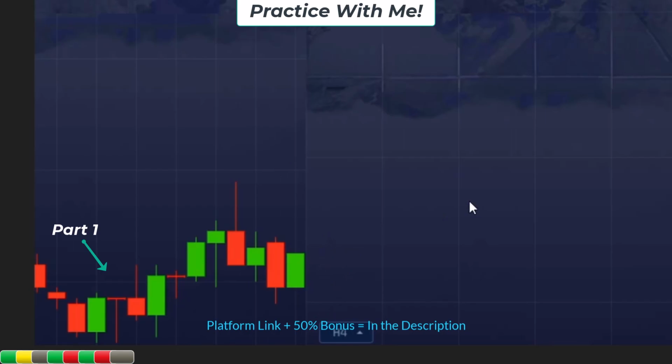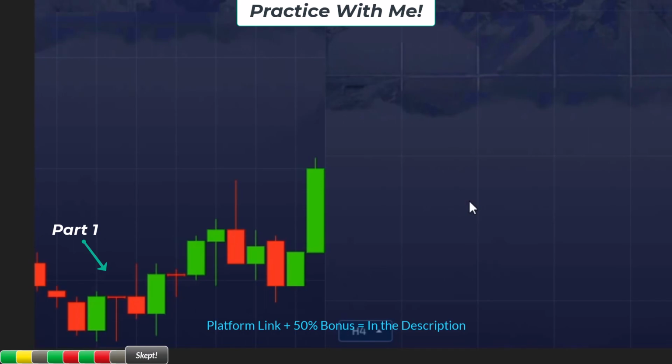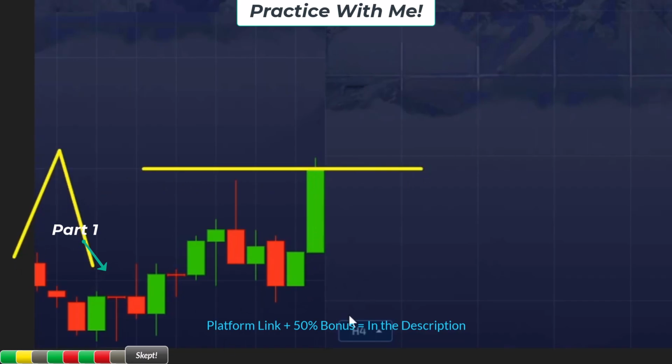Let's go. Okay, we see that the buyers came into the market since there was no resistance on the way. They just tried to reach the next level, which in this case is this round number. Let's say this is a very good round number, and also we have this rejection point broken.